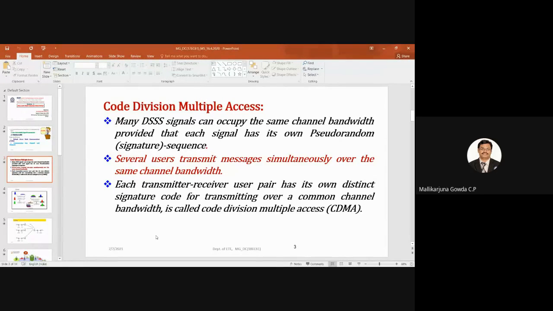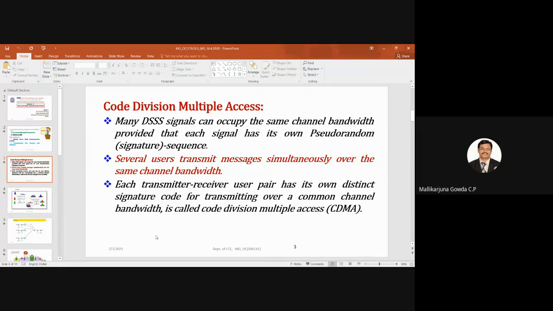And next, time division multiple access has been incorporated in the digital system. Here multiple users can communicate with the same frequency but at different time intervals. That is time division multiple access. Then CDMA means code division multiple access.